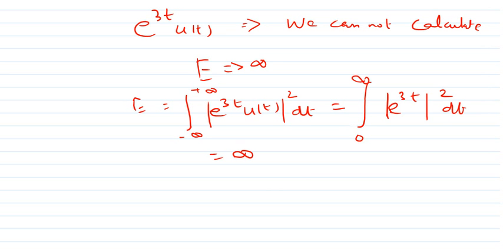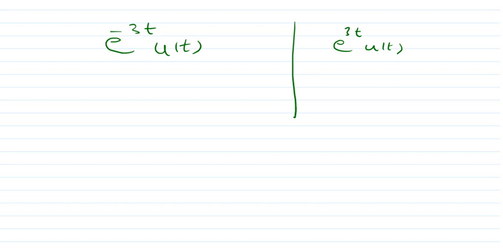So what we can see here is that we have two signals. The first signal is e raised to the power minus 3t into ut. The second signal is e raised to the power 3t into ut. Both signals are non-periodic.